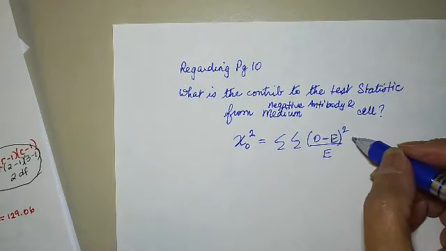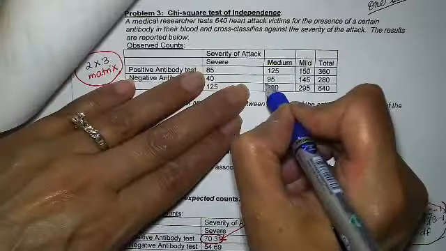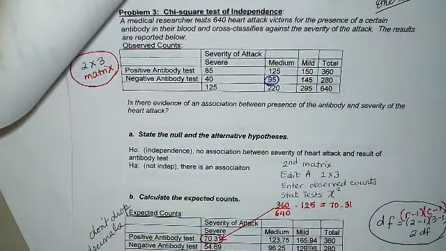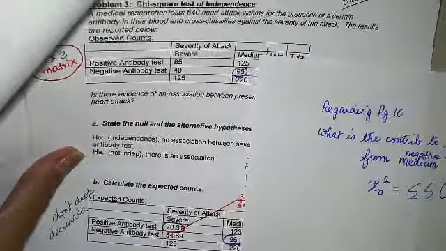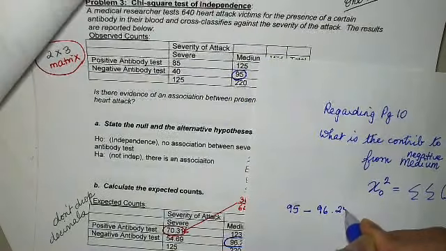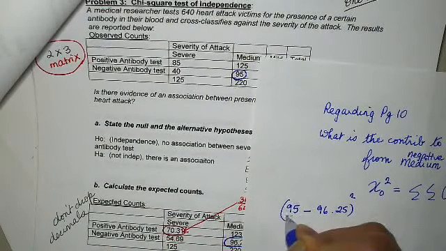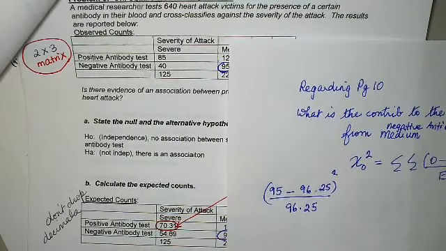Negative antibody and medium cell. So it's saying, I want the contribution to this chi-naught squared, which equals observed minus expected squared over expected. I want the number just from that cell. So here's medium and negative, right here and right here.